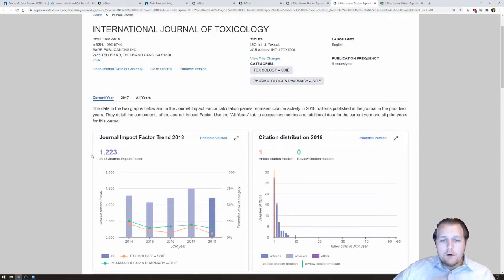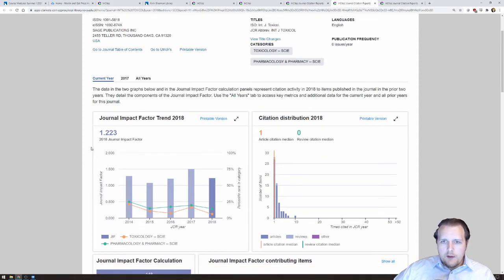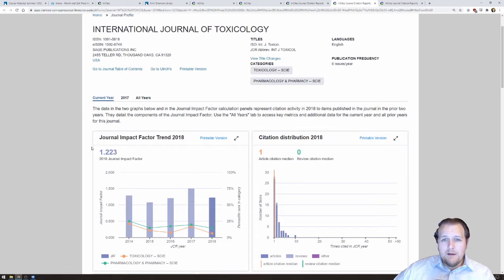Okay, so if I were to look at those two together and I was saying, well, which one is more impactful, I would probably say that Clinical Toxicology is more impactful because they're getting cited more, which means more people are reading it and more people are using those articles. Okay, so it's useful to look within a category to say, okay, well, what are the big name journals here within this group? So it's kind of like, how important is this journal?